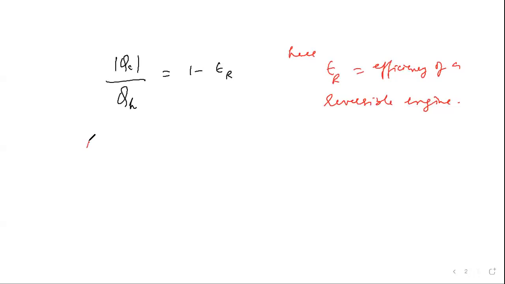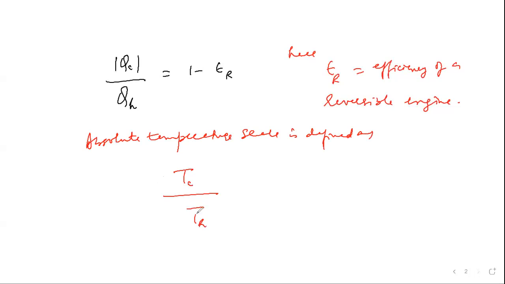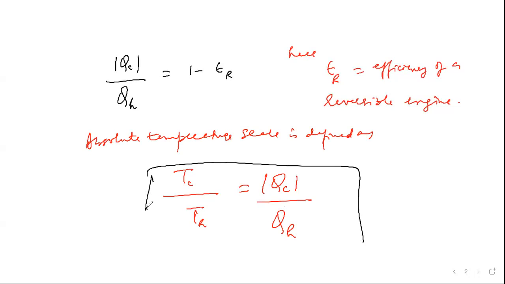So absolute temperature scale is defined as Tc by Th is equal to mod Qc by Qh. This is the defining equation of absolute temperature scale.